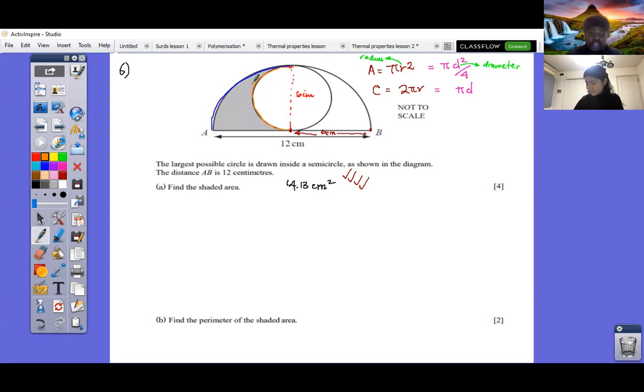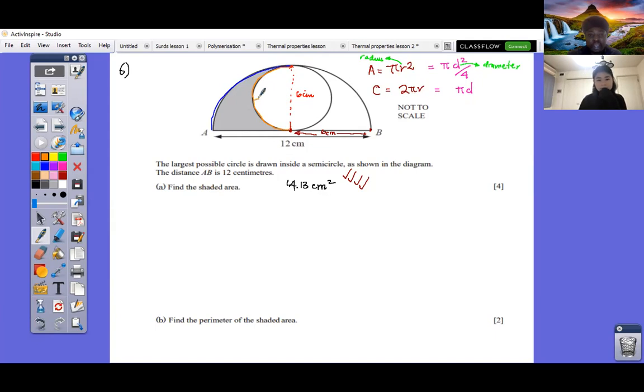This here is half a circle, so it's going to be half of this formula. If I want to find this length in yellow, this formula applies to a full circle. If it's only half the circle, I need to divide this by 2. You're okay with that? Because it's only half I'm looking at here. You following? Good.